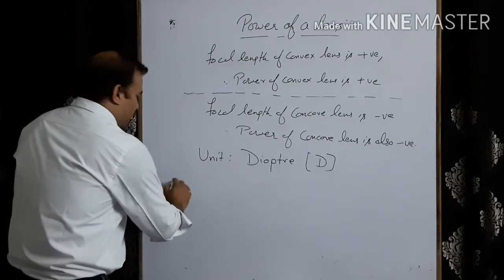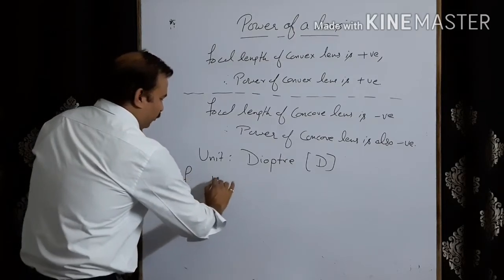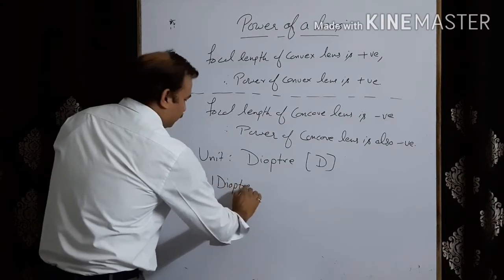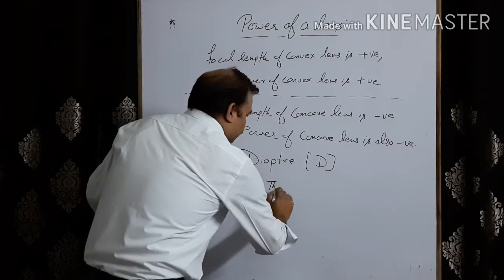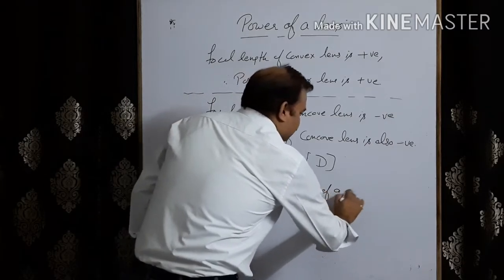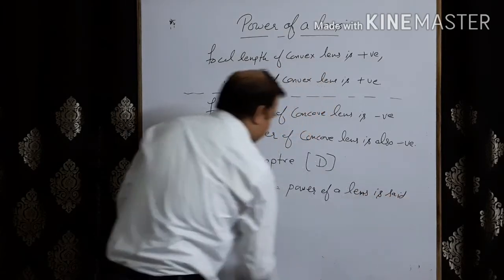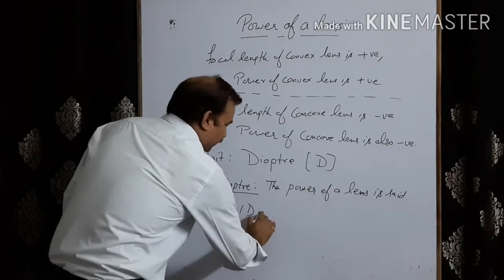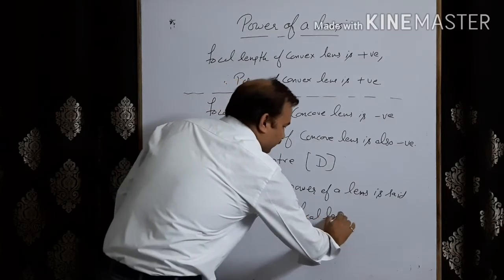Now, the definition of one diopter. How much is one diopter? The power of a lens is said to be one diopter if its focal length is 1 meter.